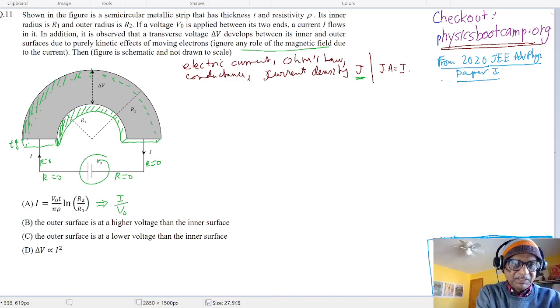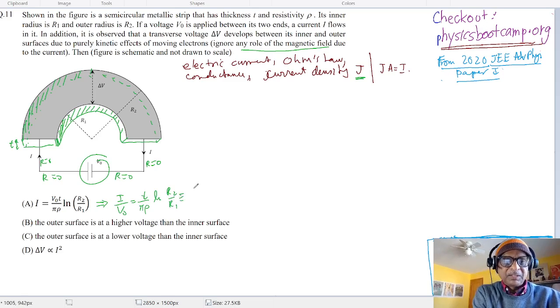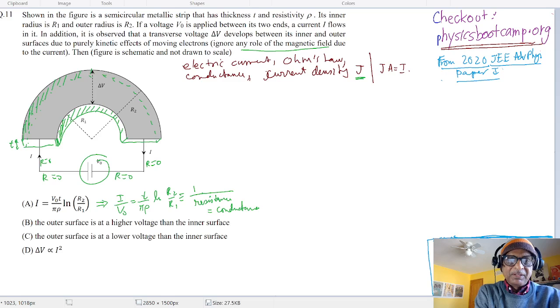The resistance of this whole thing will be the inverse of this, T over pi rho log R2 over R1. So 1 over resistance equals conductance. Since V equals IR, we have to show the conductance has this formula.